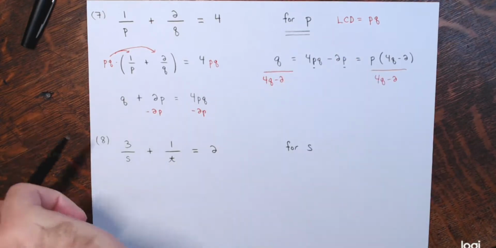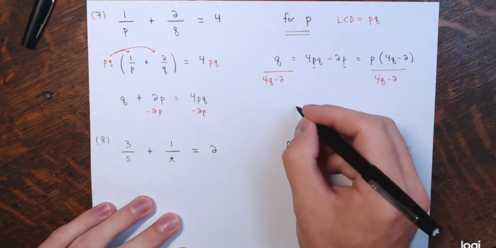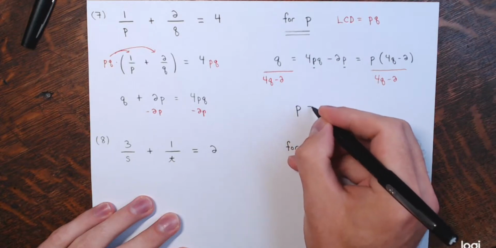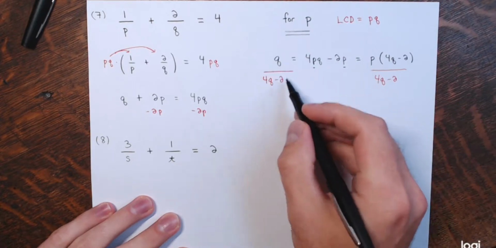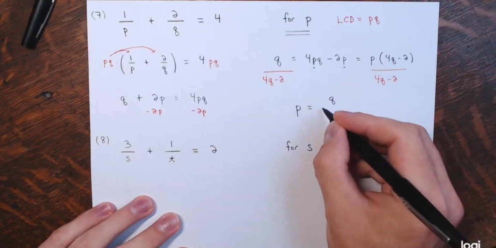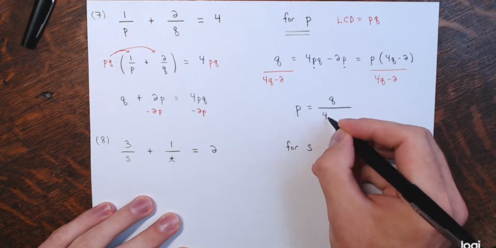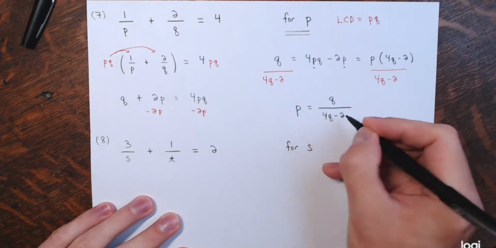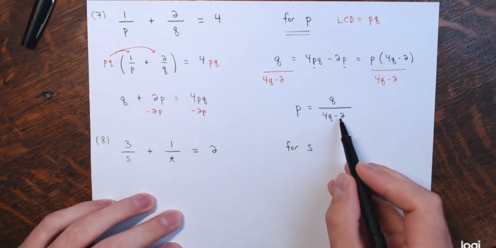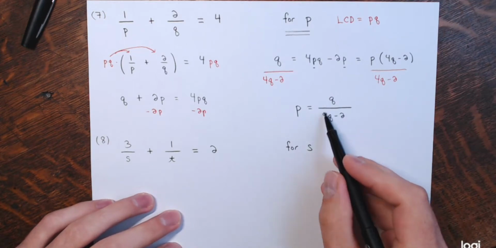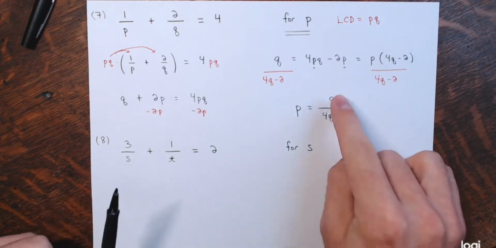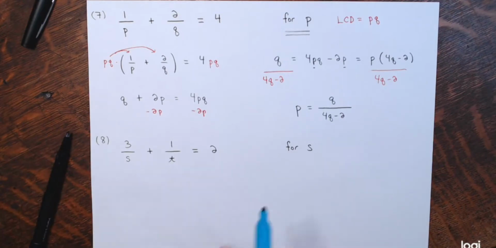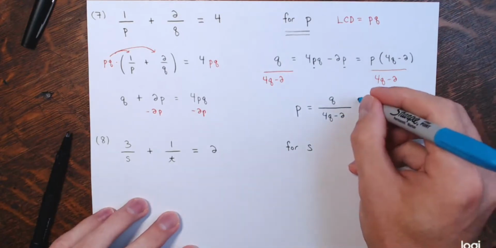So then on the one side we'd have p equals, and the other side we have q in the numerator, 4q minus 2 in the denominator. You could factor a 2 out of this, but I don't see any common factors in the numerator and denominator. That's as simple as that fraction is going to get.